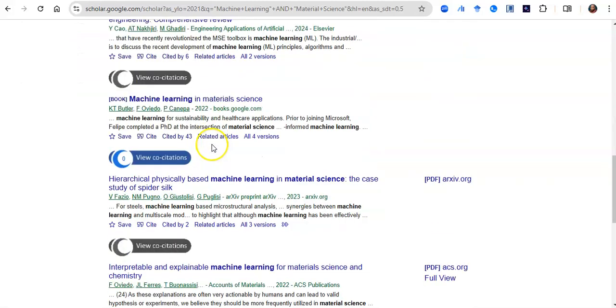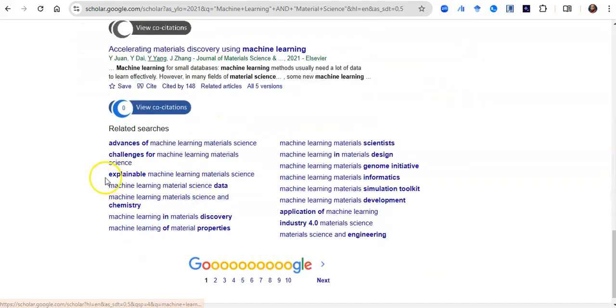Don't forget that on Google Scholar, there will always be something like this that comes up. It helps to tell you that these are some of the different combinations in that particular interest. For example, you'd find explain machine learning, material sciences, machine learning, material science and chemistry, machine learning in material discovery, industry 4.0, material sciences.